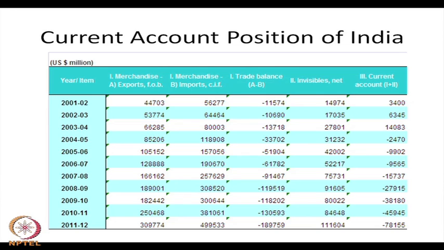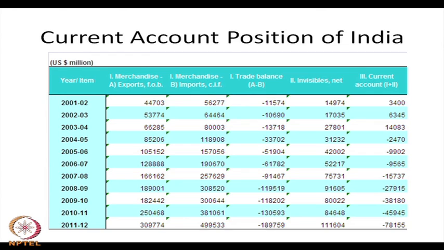However, the invisible flow corrected the trade deficit, and we enjoyed a current account surplus. After that, the current account deficit has been increasing over the years.